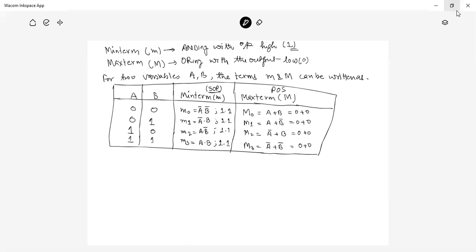So two inputs, A, B. So the possibilities are 00, 01, 10, and 11. There are two inputs, so 2 raised to the power 2 is equal to 4. So there are 4 possibilities here.